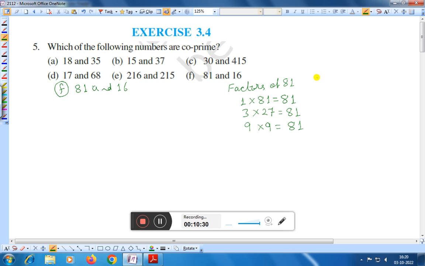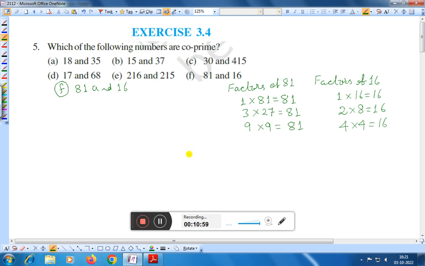And the factors of 16: 1 into 16 is equal to 16, 2 into 8 is equal to 16, and 4 into 4 is also 16.